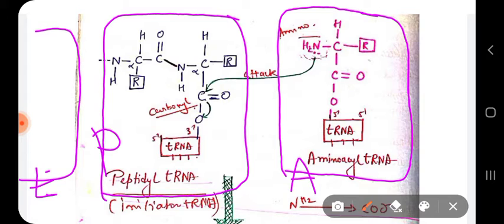The ribosome closely associates these two tRNAs, with their 3' ends located very close to each other, so that the amino group of the aminoacyl tRNA can attack the carboxyl group, the carbon atom double bonded to an oxygen atom, of the most carboxyl-terminal amino acid.